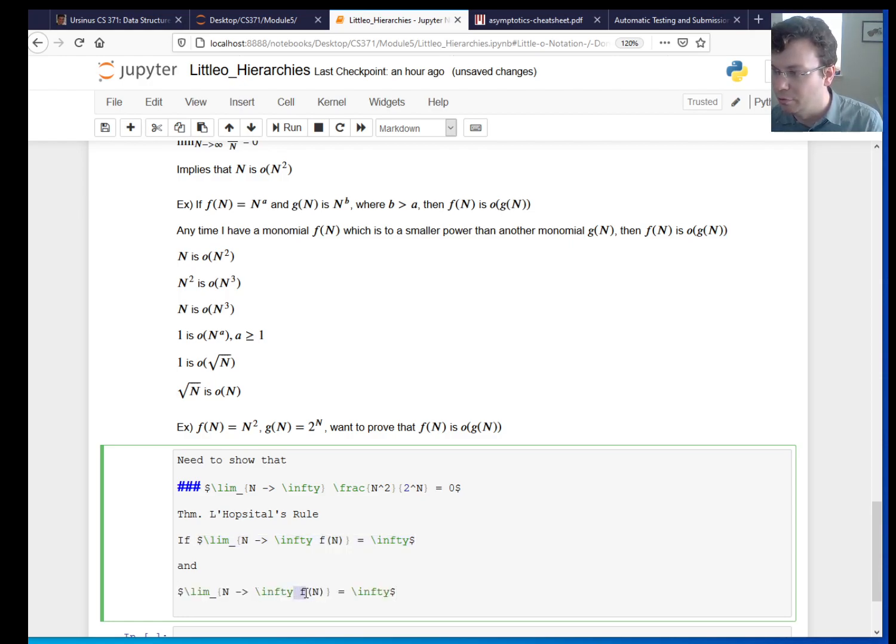These both do. So n squared and 2 to the n grow infinitely as n gets larger. They'll get bigger and bigger and bigger.